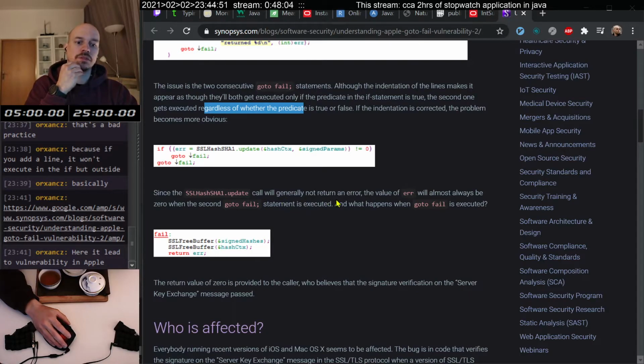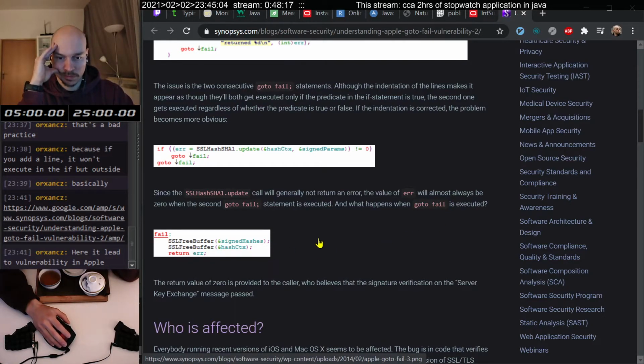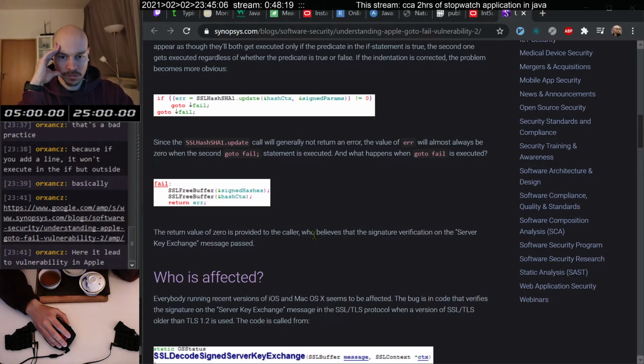It will generally not return an error. The value of error will almost always be 0 when the second goto fail statement is executed. Yeah, that's what I'm curious about. The fail returns error.